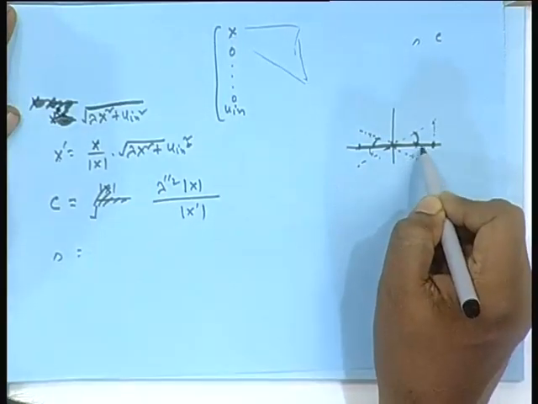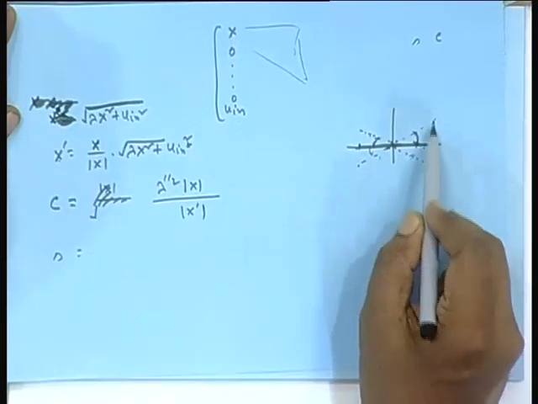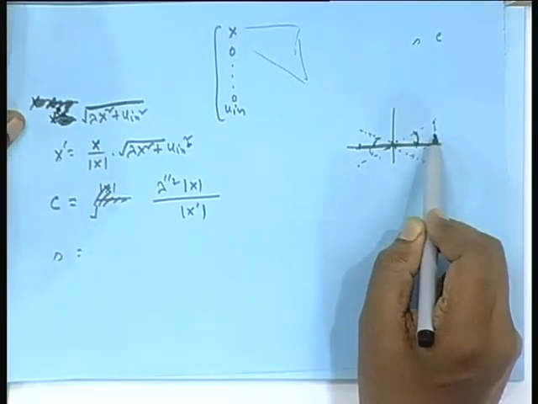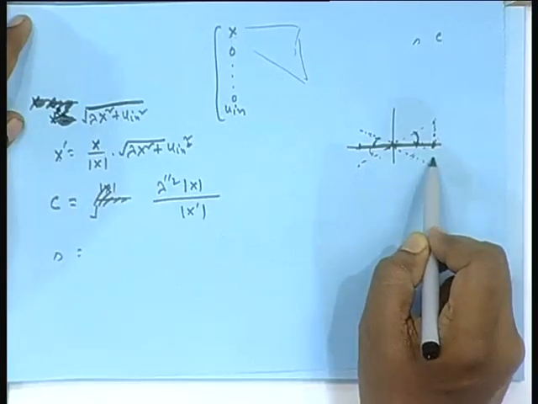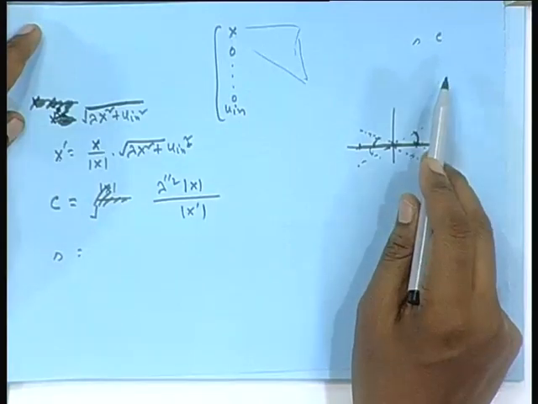If x is positive and this is also positive, then take the ratio of this by hypotenuse, that will be the sine.